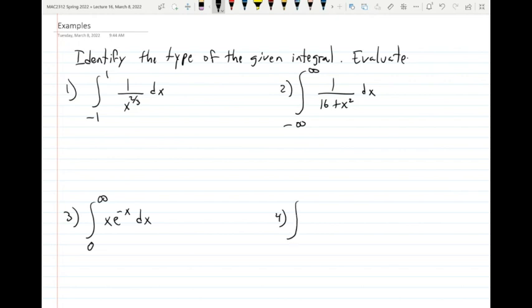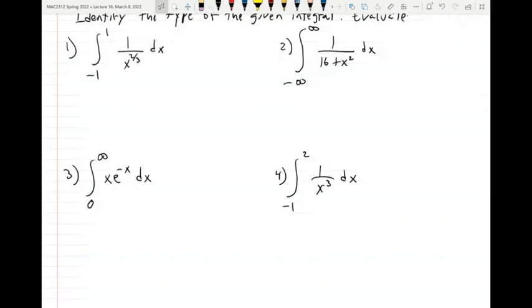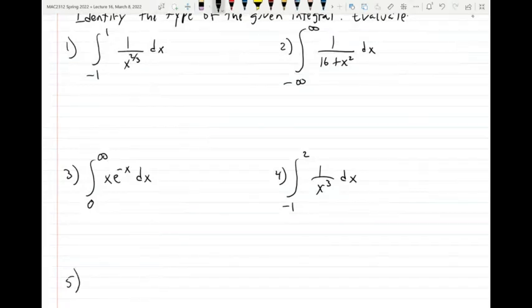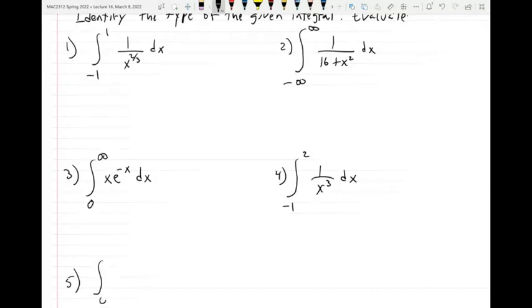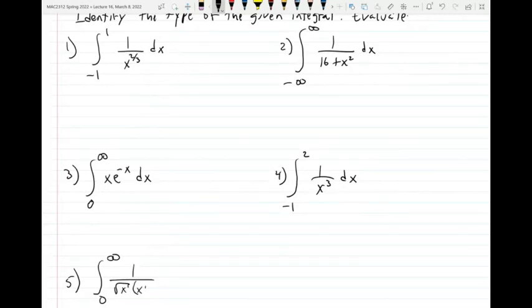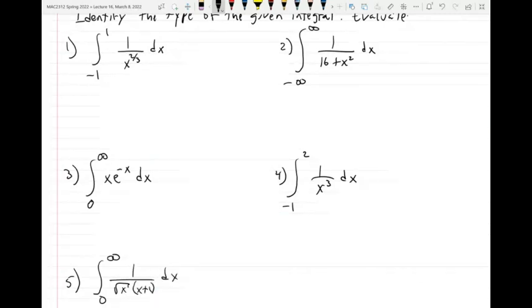Let's do the integral from -1 to 2 of 1 over x cubed dx. And we'll put another one here, the integral from 0 to infinity of 1 over square root of x times x plus 1 dx.